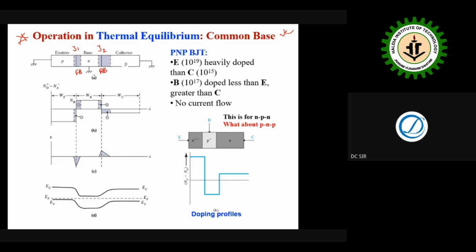So current flows normally. Now, here I explain a PNP BJT. The emitter is heavily doped, the base is doped less than the emitter, 10 to the power 17 against 10 to the power 19, and the collector is 10 to the power 15.